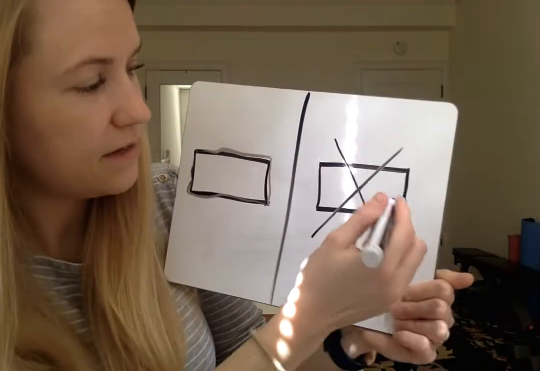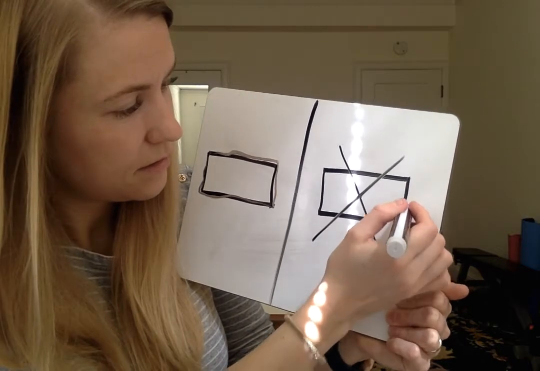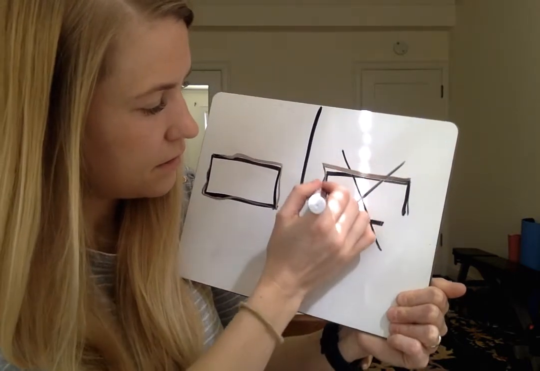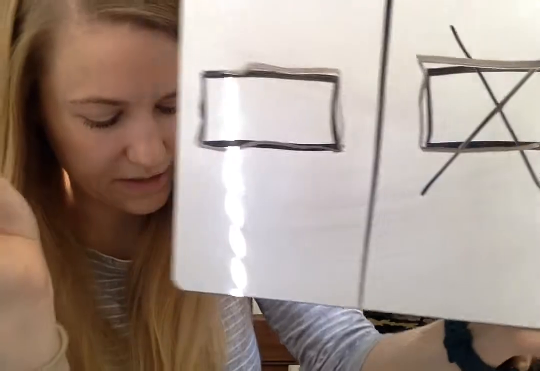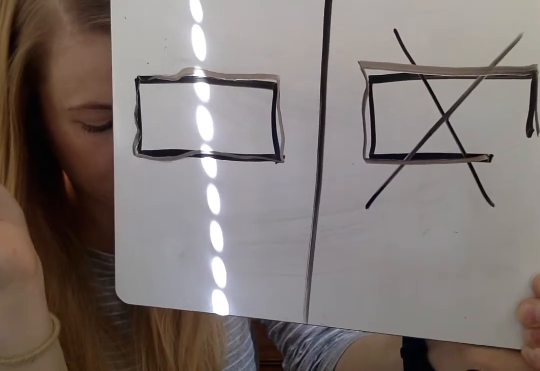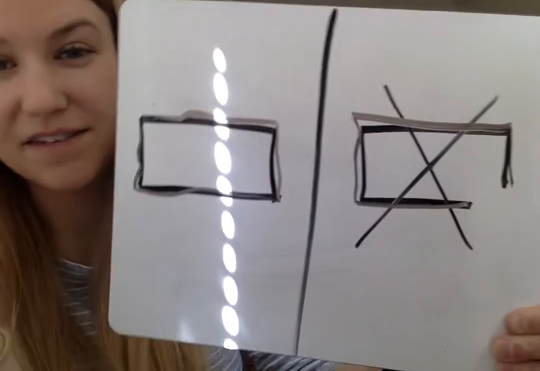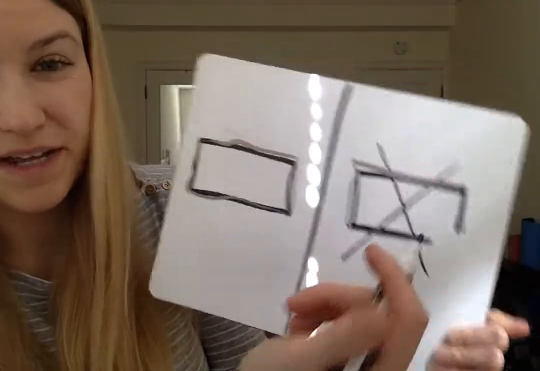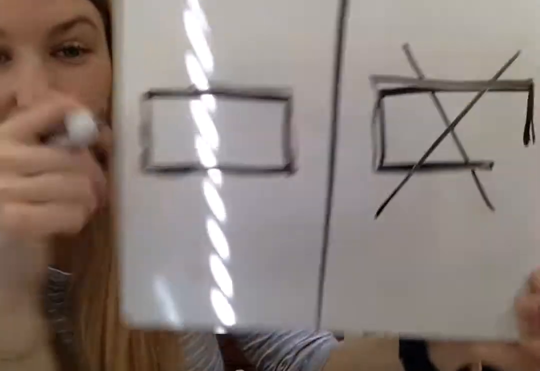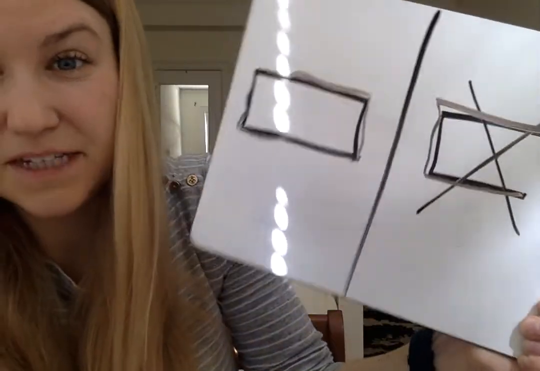No. But if I were to trace this shape here, it doesn't begin or end at the same place. I used my pencil once, but I would then have to, it's blank. I can't connect it.